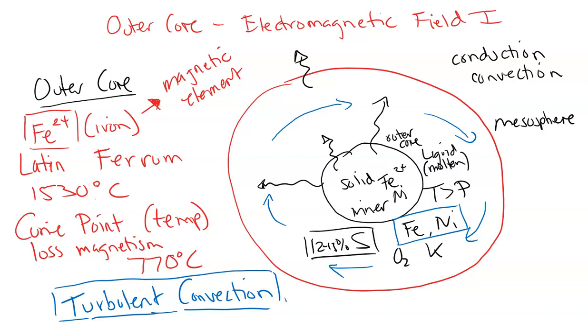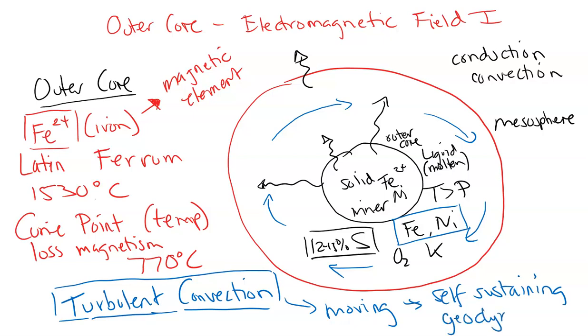The fact that the outer core is moving creates what's called a self-sustaining geodynamo. Dynamo is movement, and geo is the earth. And self-sustaining means that there's no external help. It's an engine, so to speak, that keeps on running without any help or external influence.